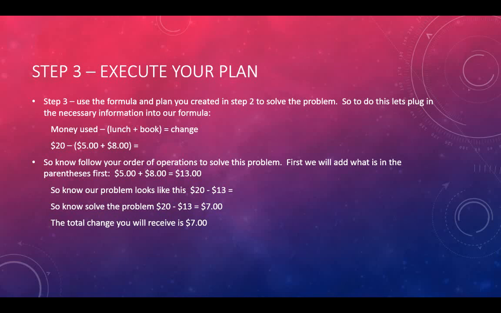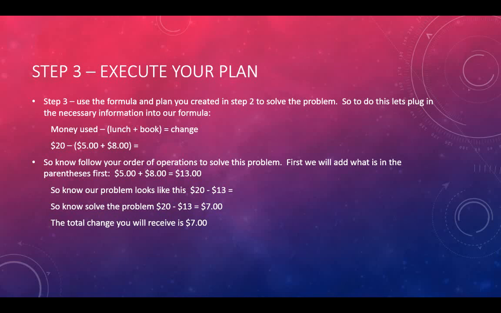So we'll follow our order of operations first to solve the problem. First, we need to work within the parentheses to solve how much the lunch and the book cost together. So we will add $5 and $8, and this comes to $13. So now our problem looks more like an easier problem to solve.